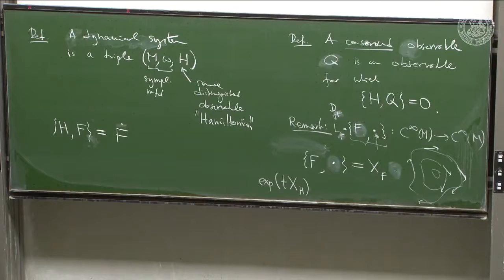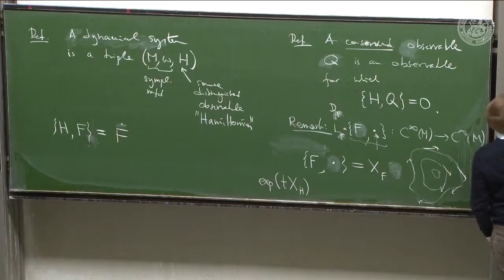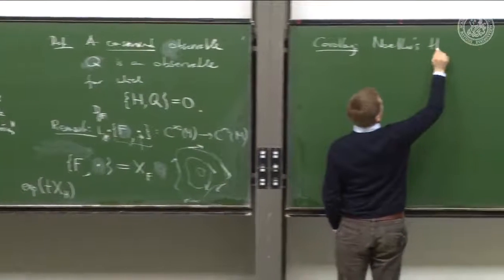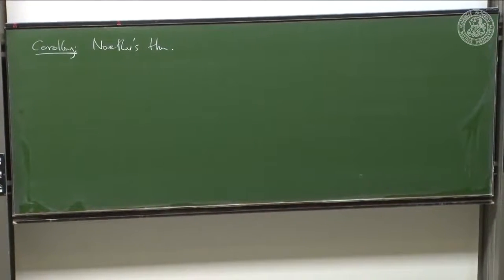Now I would like to make an important distinction. Well, first of all, we have the Noether theorem. A corollary of all this is Noether's theorem. In Lagrangian mechanics, one often makes a point out of showing this in the most arcane way.